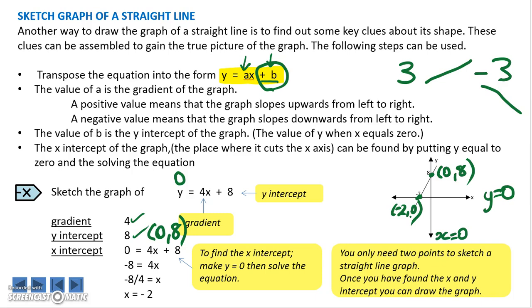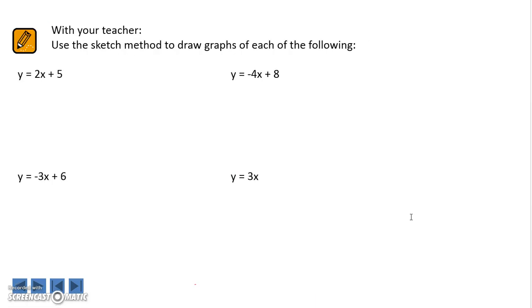So let's go through a couple of these examples so that you know how to do them, because the one in the book's already been written, and it will be easier if you follow through one from the start. Looking at the top of page 13, we have all these examples. Let's go through the first one: y equals 2x plus 5.